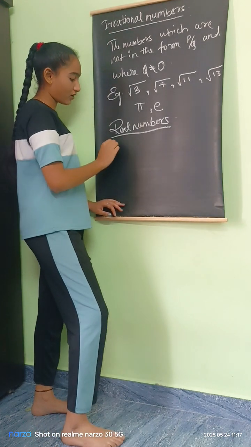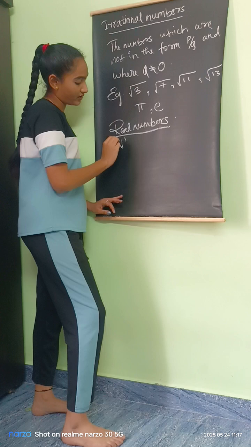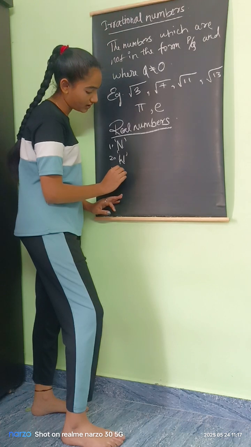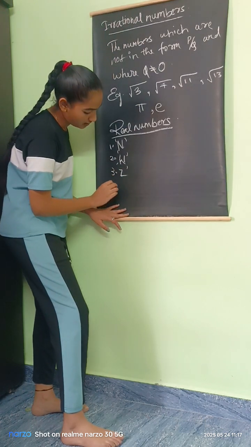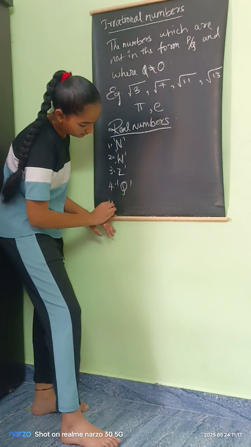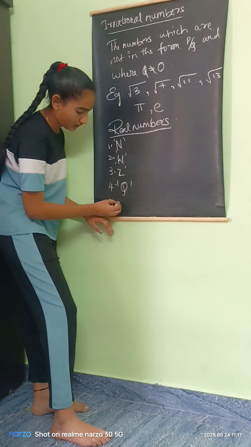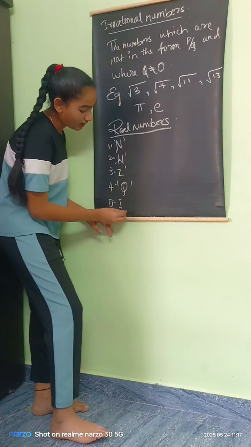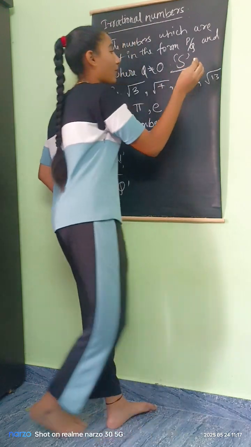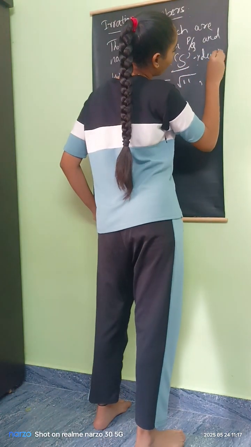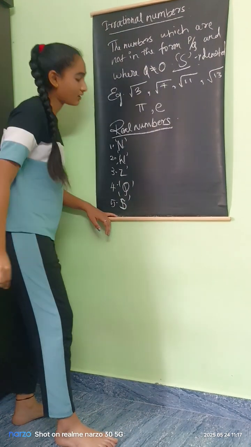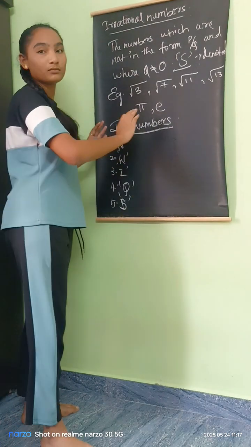These real numbers consist of natural numbers, whole numbers, integers, that's Z, rational numbers, and fifth, irrational numbers. And one main point is that real numbers are denoted by R.